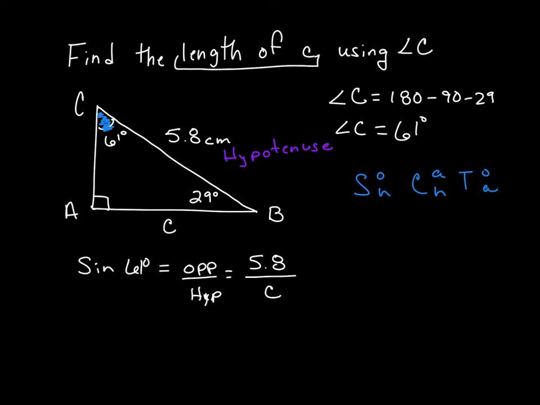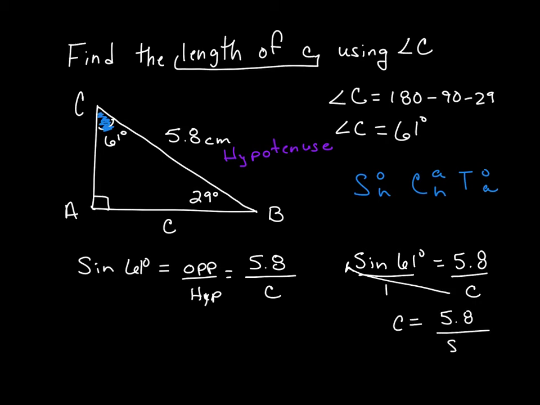So without the words, I can say that the sine of 61 degrees is equal to 5.8 over C. Could I solve this for C? Absolutely. I put the sine over 1, and using ratios, I rewrite this: the C comes up, the sine goes down, and C is equal to 5.8 divided by the sine of 61 degrees.